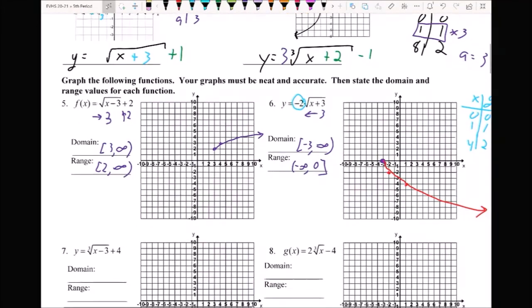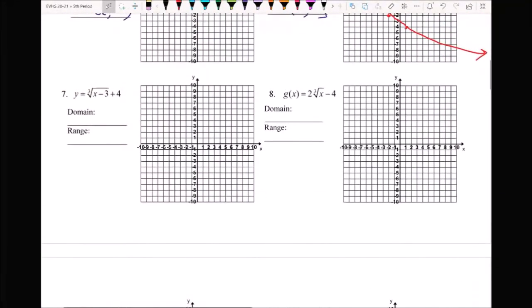Number 7. Now we're dealing with cubed roots. So on this one, I'm going to go ahead and make my table just so I can have it whenever I need it. -8, -1, 0, 1, and 8. -2, -1, 0, 1, and 2. All right, let's look at our shifts here. This one on the inside, it means we're going to go right by 3 and then up by 4.